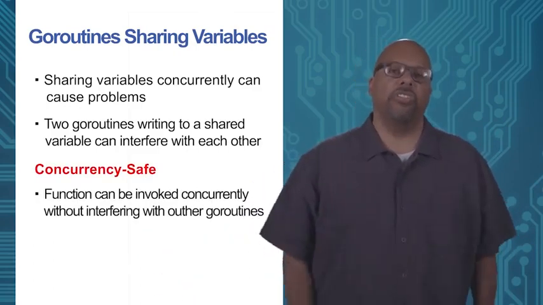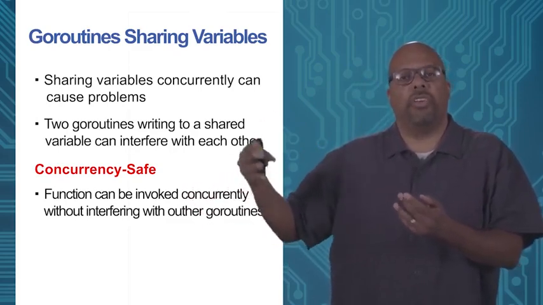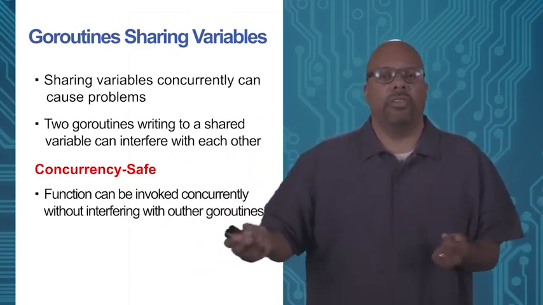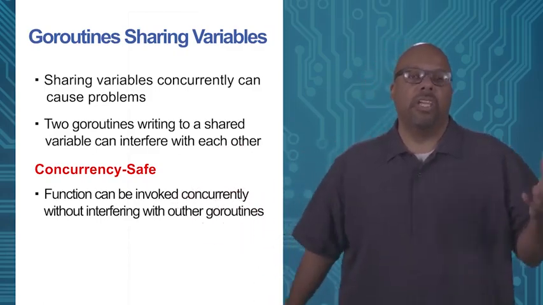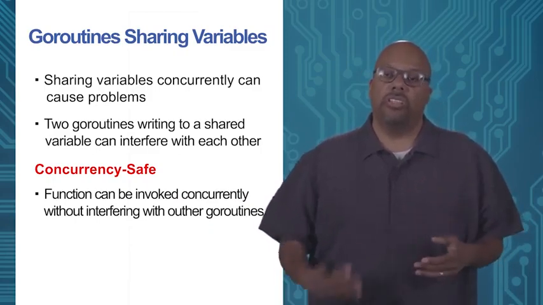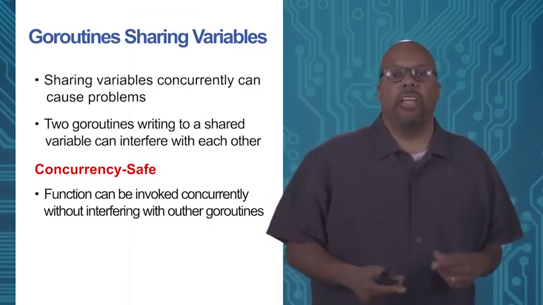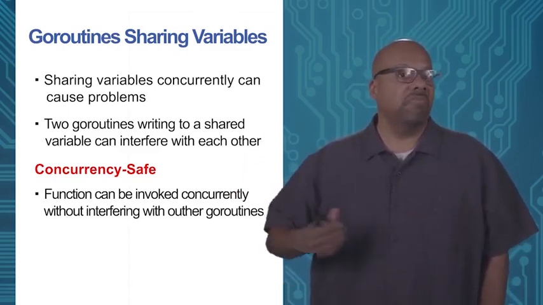So then you say, oh, this is concurrency safe because I know that when this runs, it won't mess with the variables of the other Go routines and alter them in some way that will ruin the other Go routines. By this I mean, note that one Go routine can mess up the execution of another Go routine, right? Say this one Go routine is using a variable X, the other Go routine writes to that variable X while the first Go routine is using it.